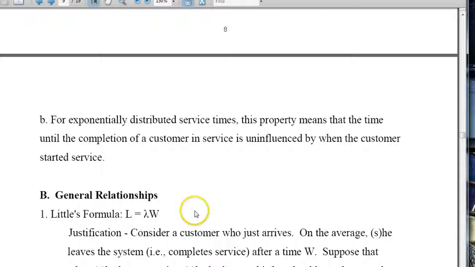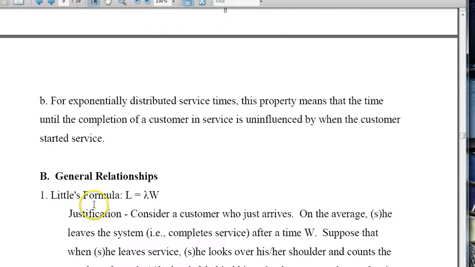Let's talk about general relationships, and this first one is called Little's formula, L = lambda W, and we've seen all this notation before. L is the mean number of customers in the system, lambda is the arrival rate, and W is how long a customer spends in the system.